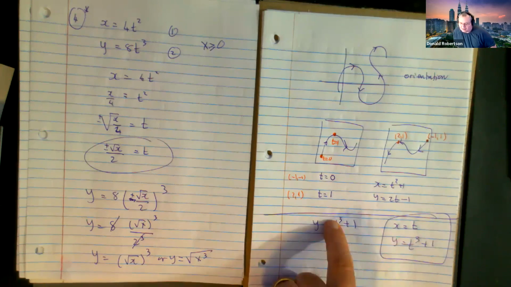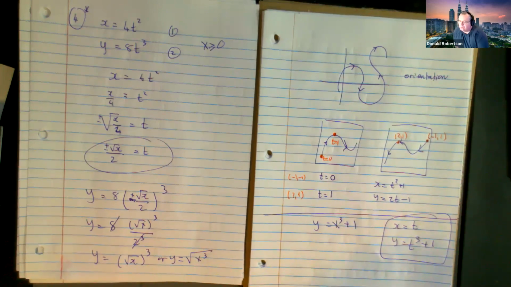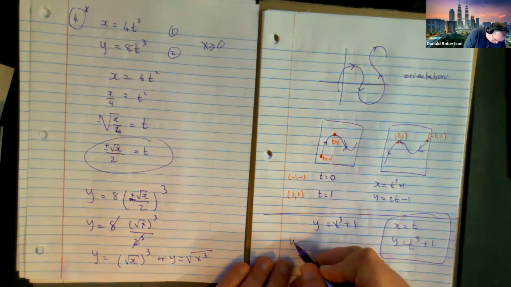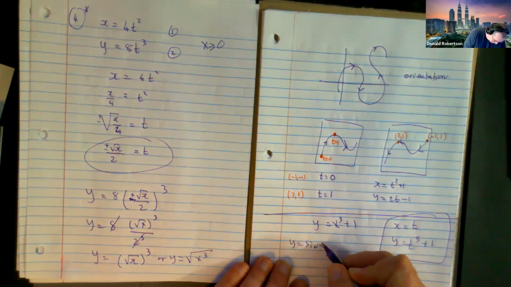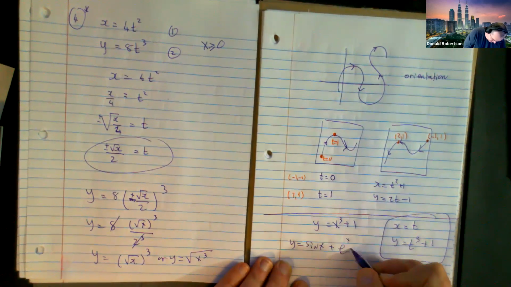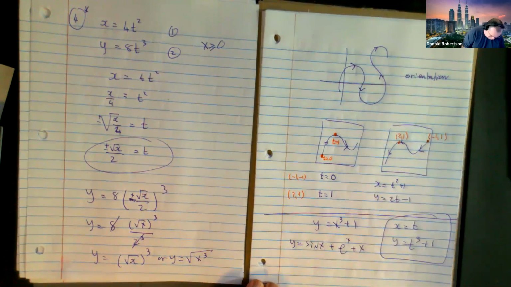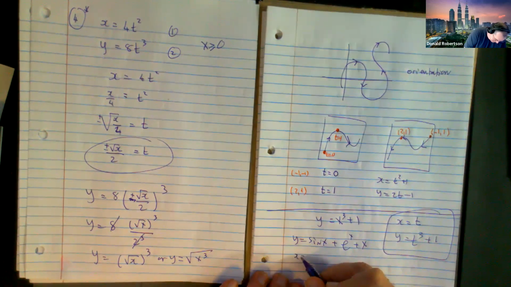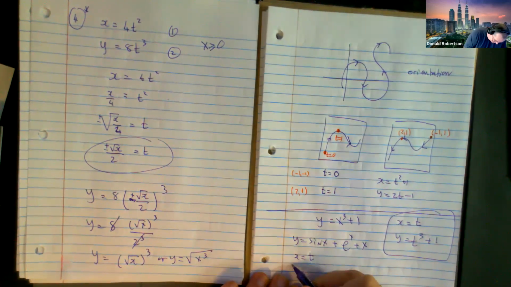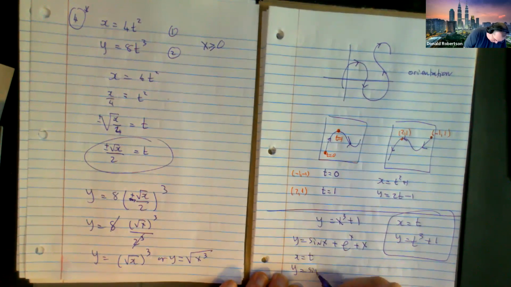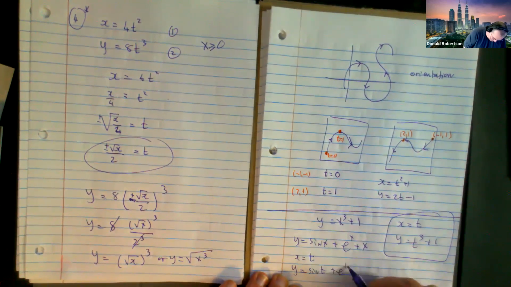Won't that guy be him? So if I went and said to you, oh, make the parametric equation for sine x, e to the x plus x, I would say, no problem. I'll make x equal t, and I will make y the sine of t plus e to the t plus t.